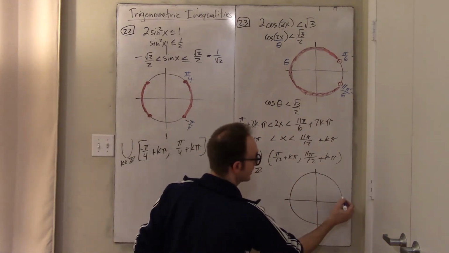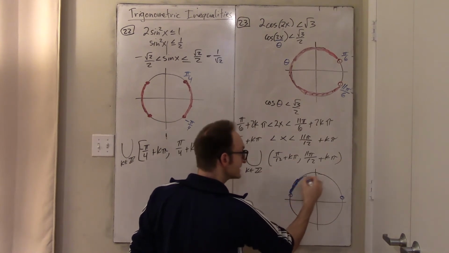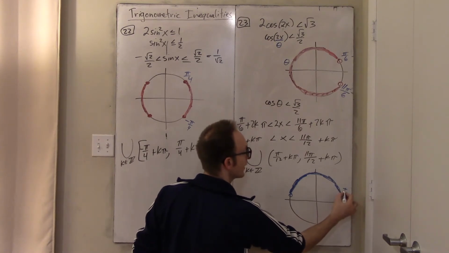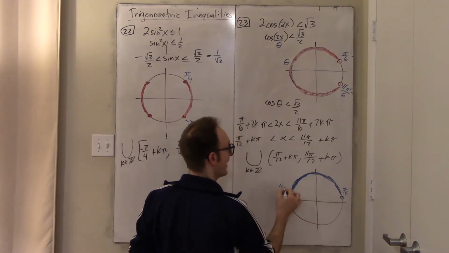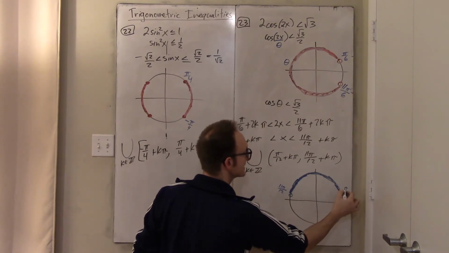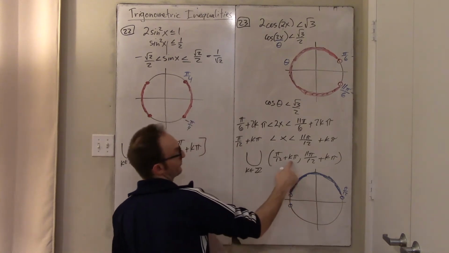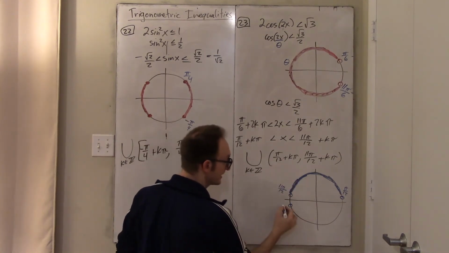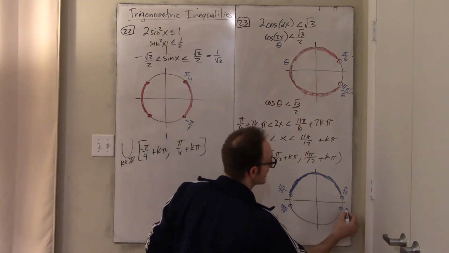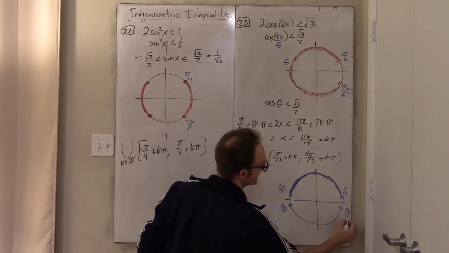It's going to be over here, and 11 pi over 12 is going to be over here. And so yes, everything from pi over 12 to 11 pi over 12 is an answer, but so is everything from, if you plug in k equals 1 here, you see that everything from 13 pi over 12 to 23 pi over 12 is also an answer.